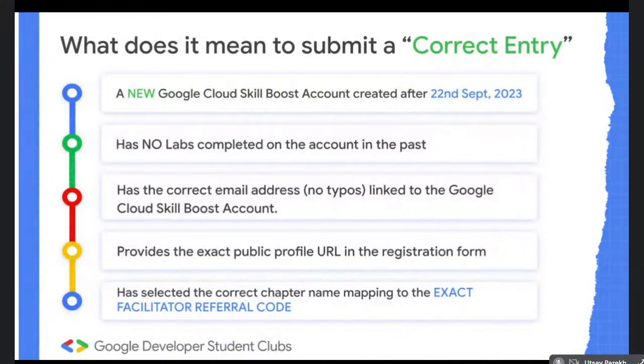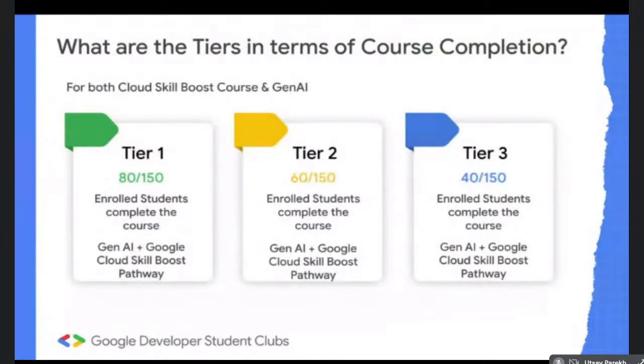Everyone who completes the course over the span of 28 days is eligible for the goodies. And there are three tiers according to the number of courses completed: 80, 60, and 40. I expect that our college will reach tier 1 because only the ones who are interested are registering for the program.